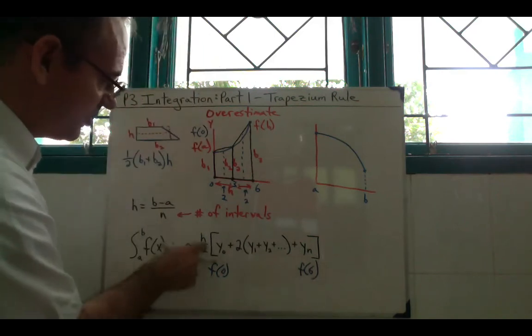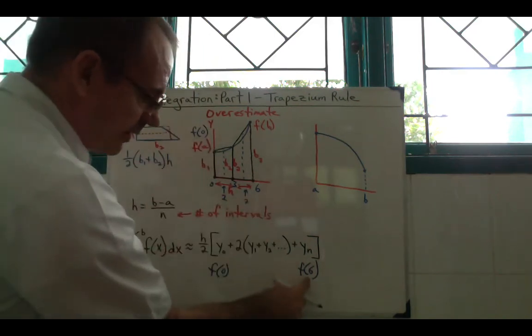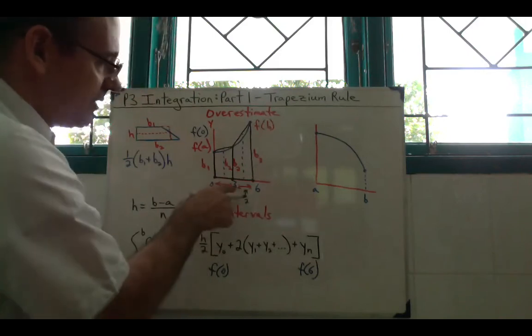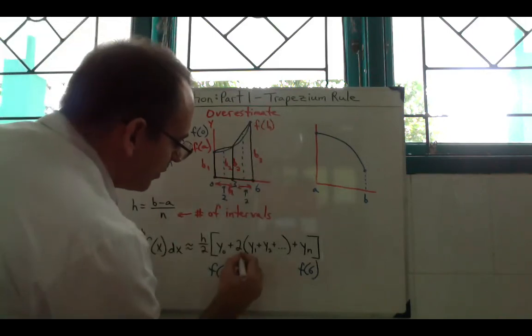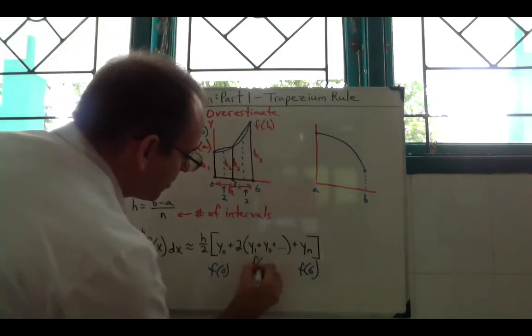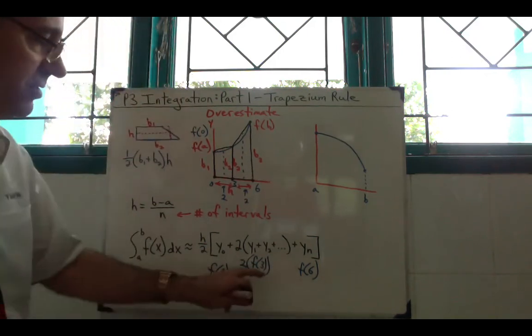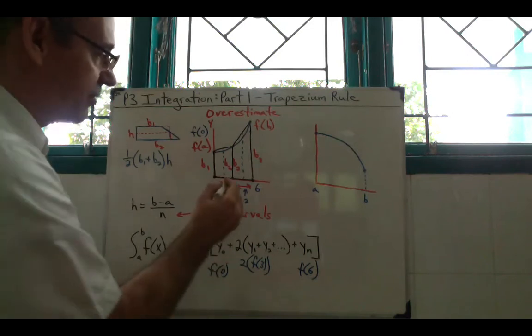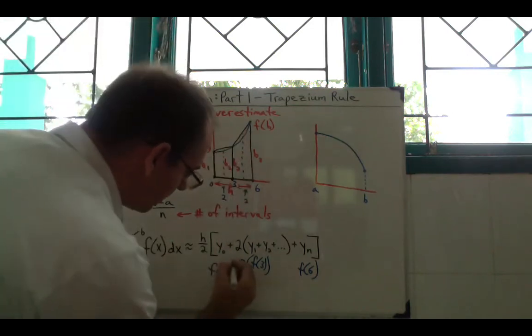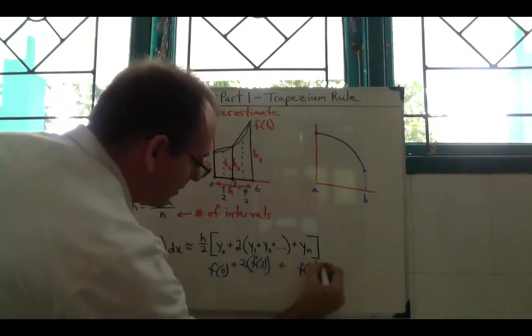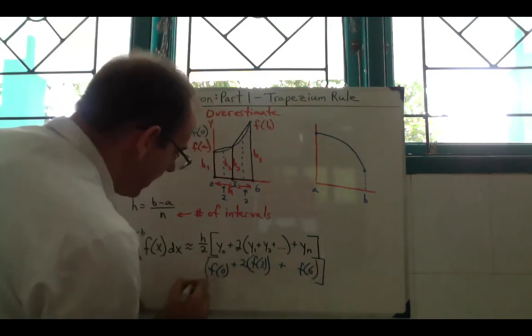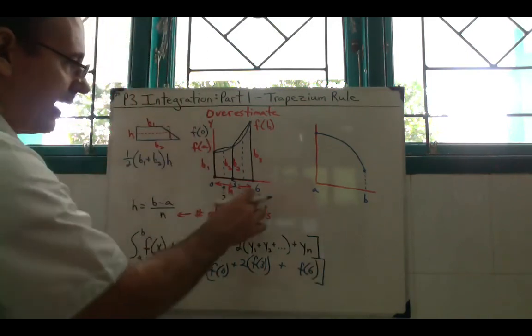So function of 0 is this one. Function evaluated at 6 is this one. Then the middle one is 3, and we need 2 of those. So we have 2 functions evaluated at 3. And we add those together and multiply it by our height.